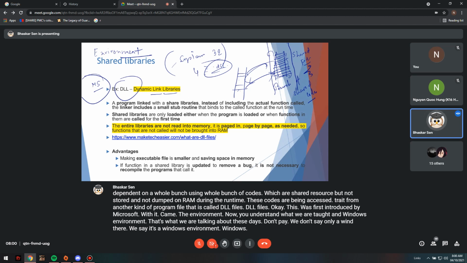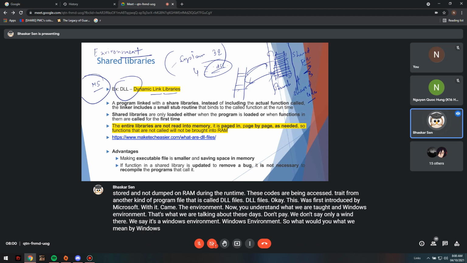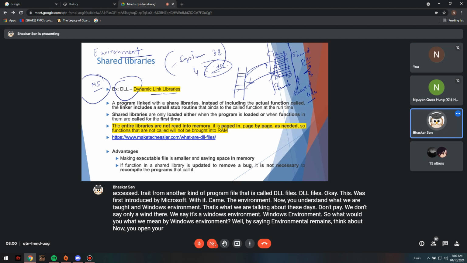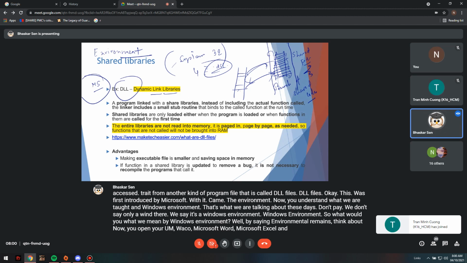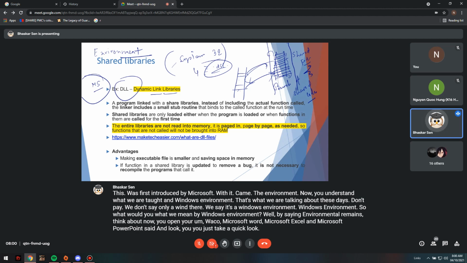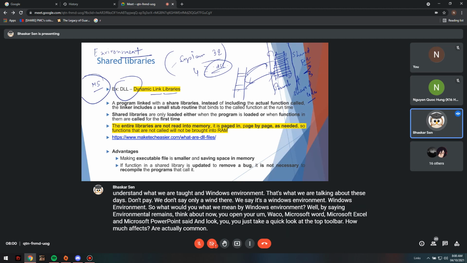So what do we mean by Windows environment? Well, by saying environment literally means, think about this. Now you open your Microsoft Word, Microsoft Excel, and Microsoft PowerPoint side by side. And look, you just take a quick look at the top toolbar. How much of it is actually common?